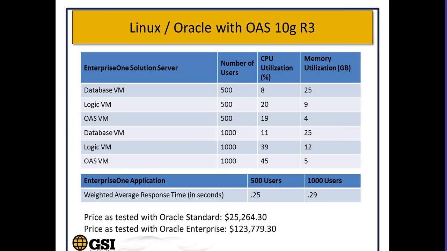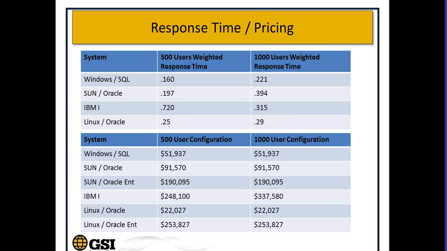So it's pretty safe to say that every single instance and every single architecture stood up pretty well on both a 500 and 1,000 user load, utilizing the scripts that JD Edwards/Oracle puts out for testing purposes.